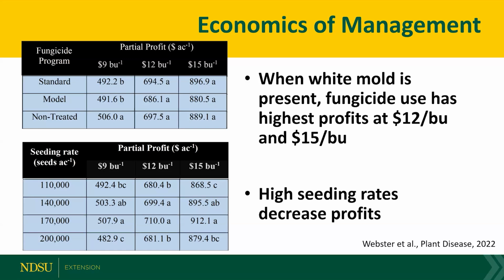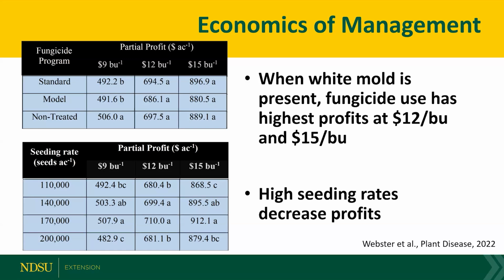Now, looking at the fungicide programs, the standard and the model. When we applied a foliar fungicide at $9 a bushel, they did not pay for themselves in this particular study. Once we get to about $12 per bushel and above, the standard and the model, so the 2-pass and a model program, resulted in the same partial profit as the non-treated.